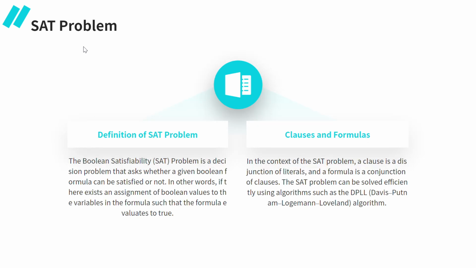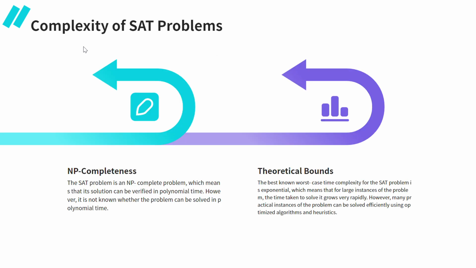Coming to SAT problems, I have discussed the definition before, and I have also mentioned the DPLL algorithm previously. Next, complexity of SAT problems includes NP-completeness and theoretical bounds. NP-completeness: the SAT problem is an NP-complete problem, which means that its solution can be verified in polynomial time. However, it is not known whether the problem can be solved in polynomial time or not.